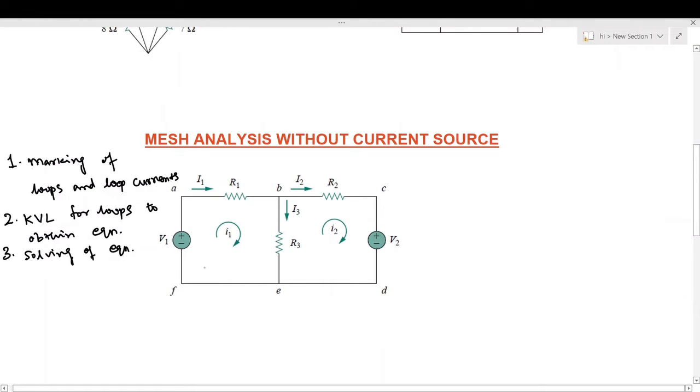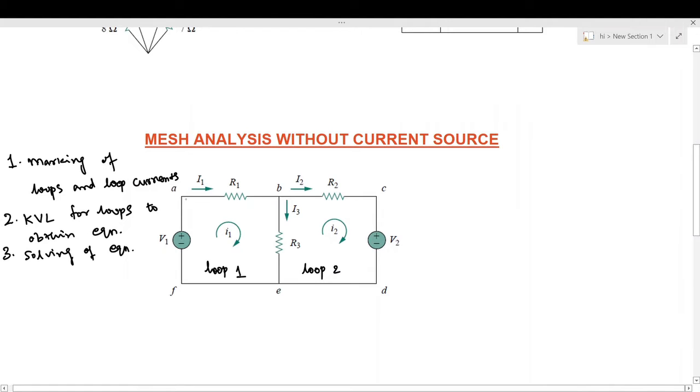We will write this is loop 1, and the current in loop 1 will be I1, and the direction is as shown in the circuit diagram. And B, C, D, E form another loop. We can call it loop 2, and the current in loop 2 will be I2, and the direction of current is as shown in the diagram.